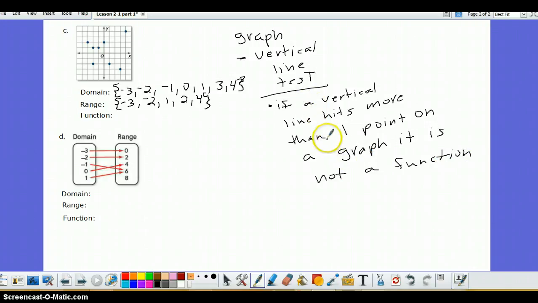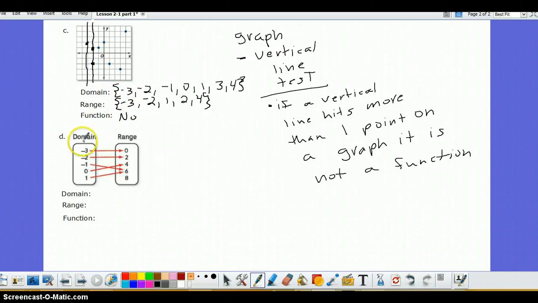So vertical line test, if it hits more than one point, the graph is not a function. So if I draw a vertical line through this point here, it only touches that point. If I draw a vertical line here, you see that it touches 2 points, so this is not a function.